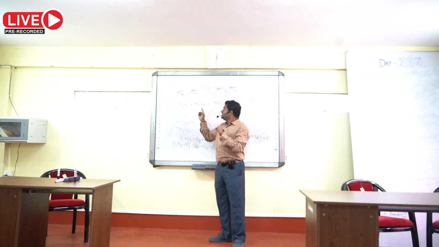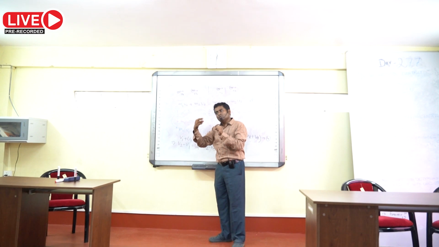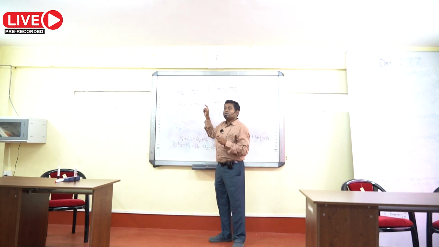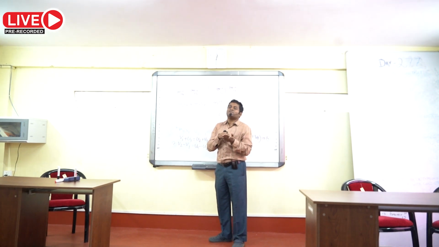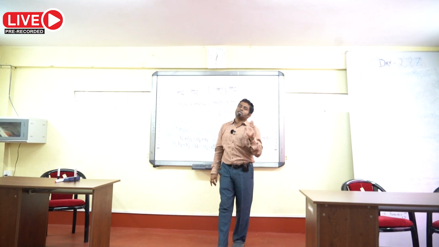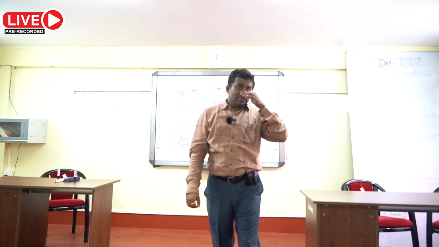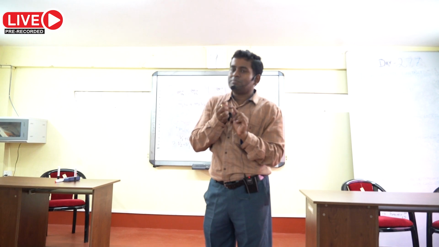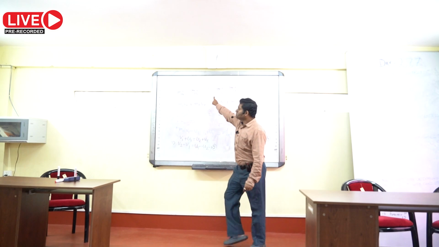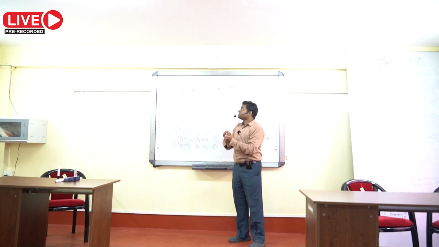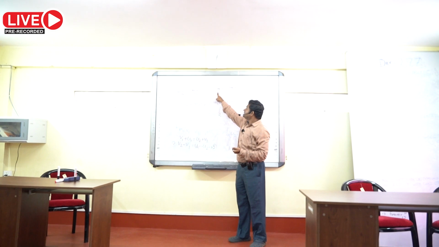If you are at rest, you will feel that this mass is coming with a velocity u1. If you are moving, you will say that this mass is coming to me now with velocity u1 minus u2, because time is increased, means you will feel that the velocity will decrease. That is called the relative velocity. Now this is the relative velocity of approach of the mass to collide with you. Then during the collision, both of you are in contact. After collision, what do you feel? That this mass is moving away from you.